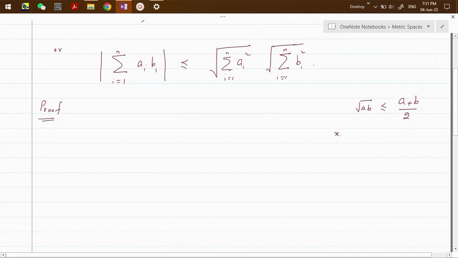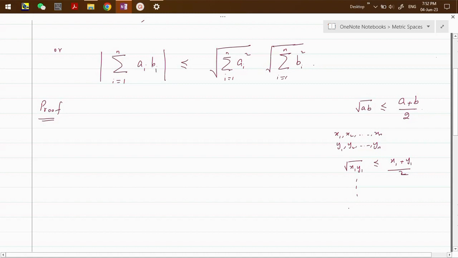If we have x1, x2 to xn and y1, y2 to yn, then root of x1 y1 is less than or equal to x1 plus y1 over 2, and so for x2, y2 we have root of x2 y2 less than or equal to x2 plus y2 over 2, and so on.